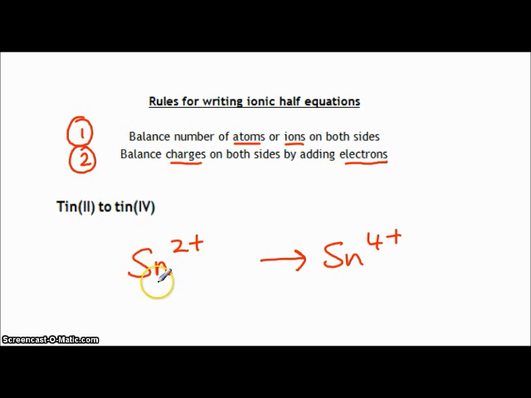Well, we've got one tin ion on the left and one tin ion on the right, so that's balanced. Secondly, balance the charges by adding electrons. We've got 2 plus on the left, 4 plus on the right. That's not balanced, so we need to add 2 electrons, which gives us 2 plus on the left, and 4 plus and 2 minus, which gives us 2 plus on the right. So that half equation now is balanced.